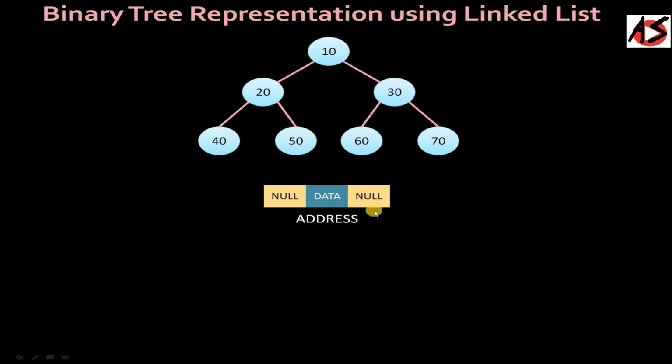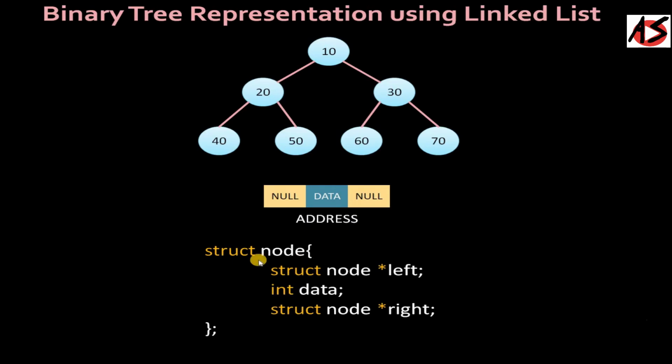So a typical node structure is like this: you have a structure of node in which you have one pointer pointing to the node on the left side, then a data part, and then another pointer pointing to the node on the right side.